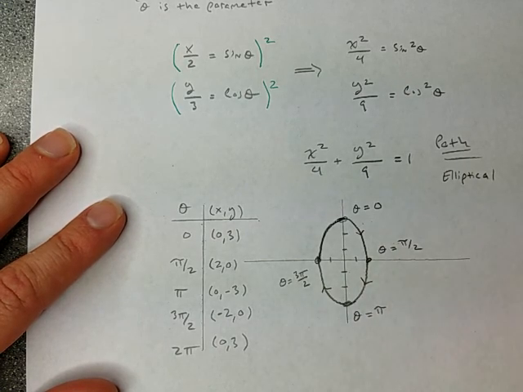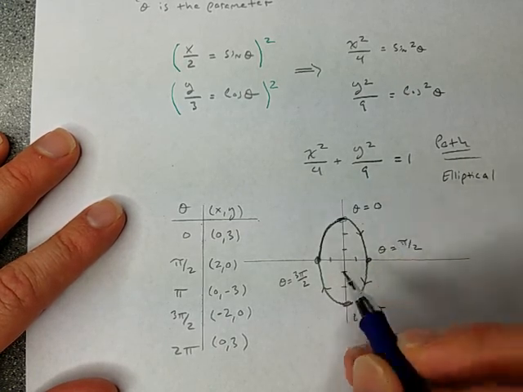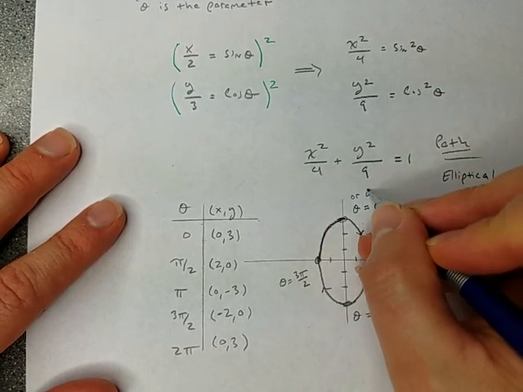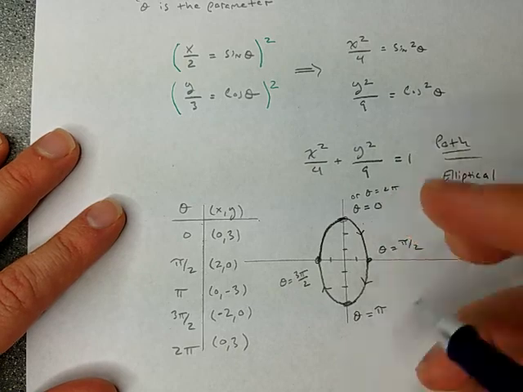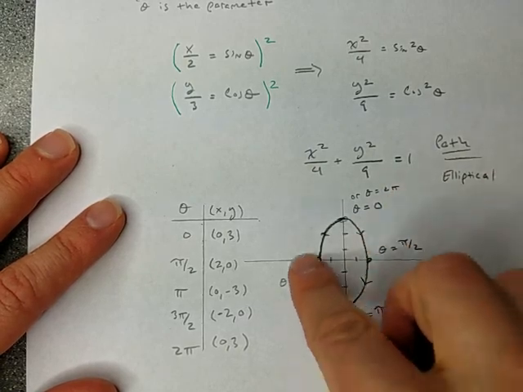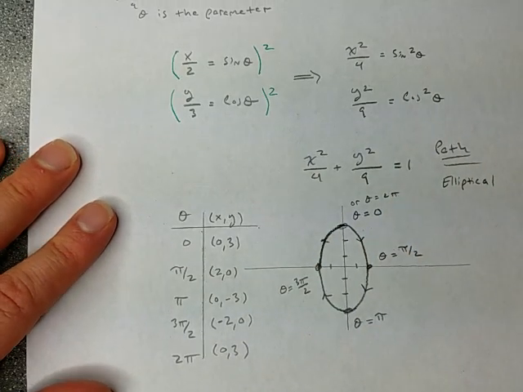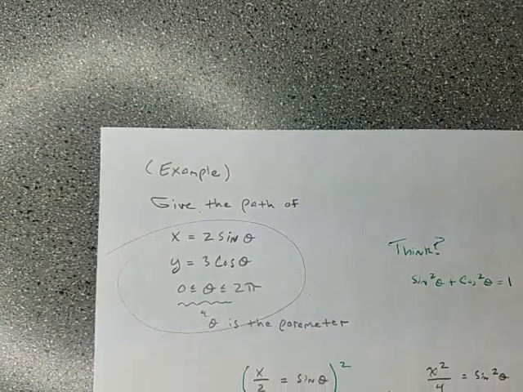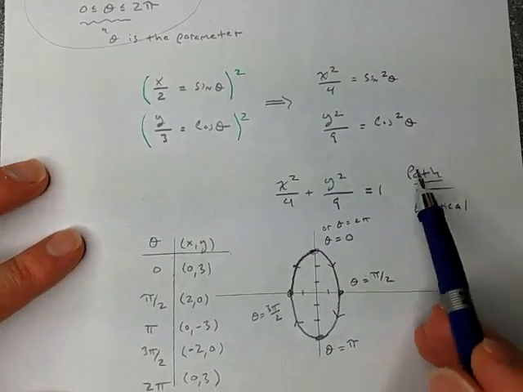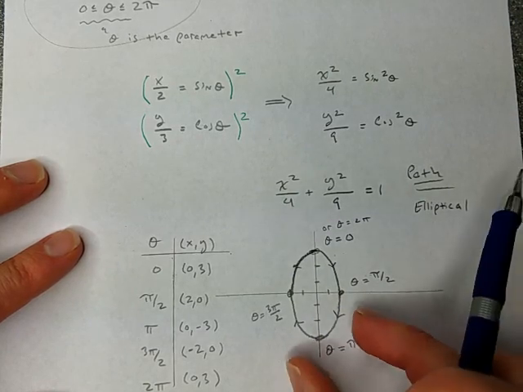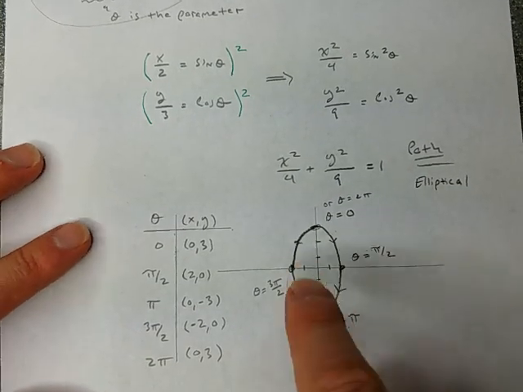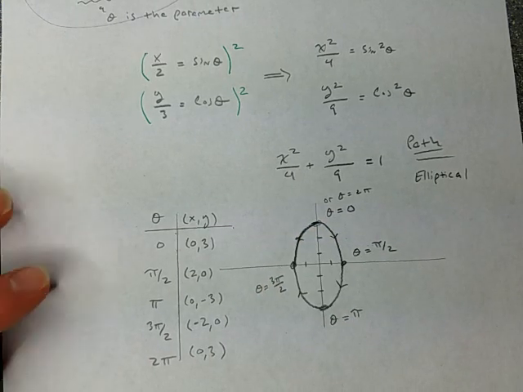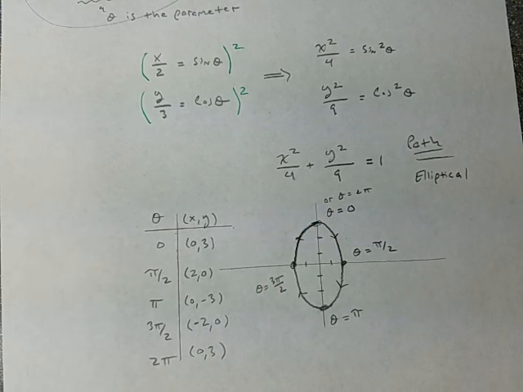Okay. And then back to here when theta is 2 pi. So it's taking me clockwise around this ellipse. Okay, so those equations, this parameter interval, have an elliptical path like that, and will take me clockwise around it. So that's the information I can get out of that one.